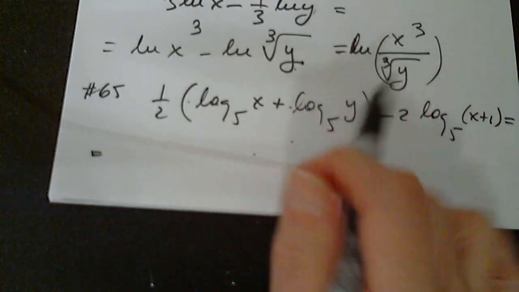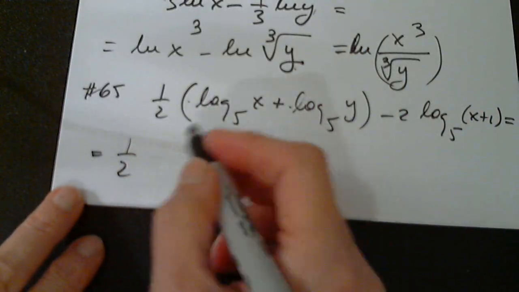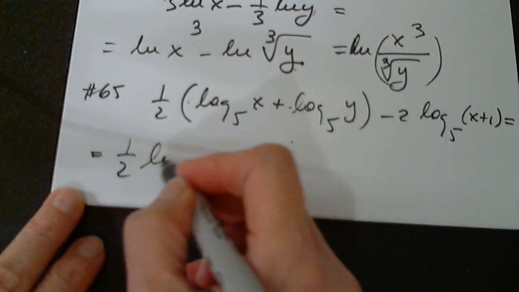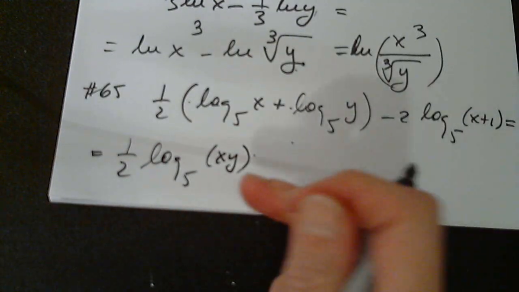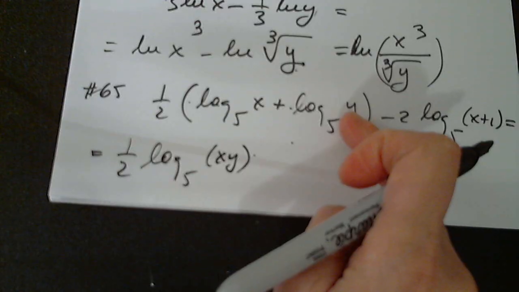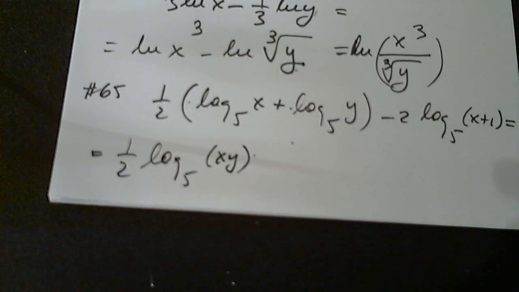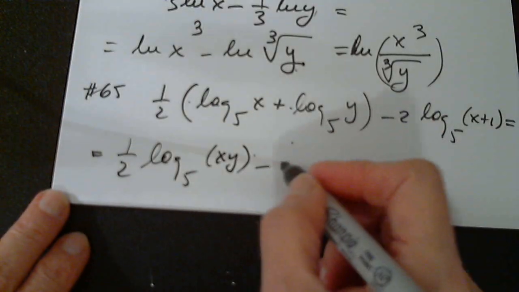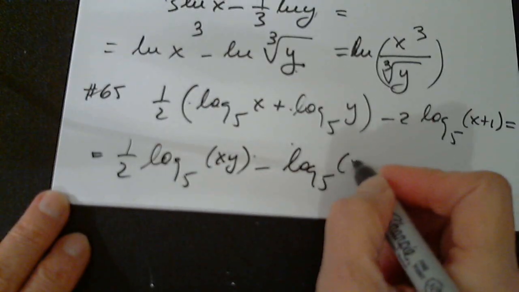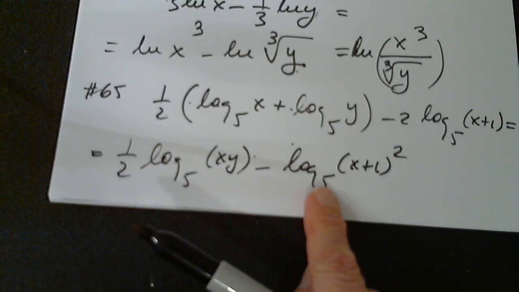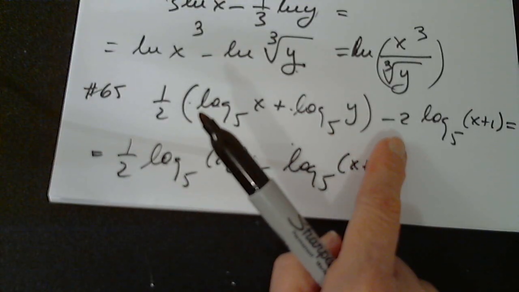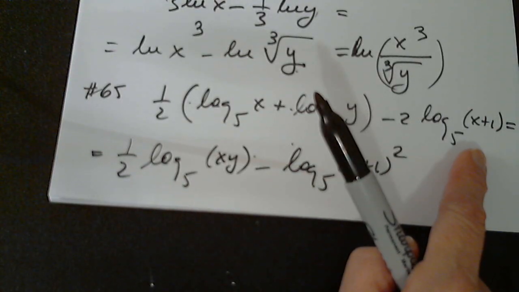I don't have to worry about anything. I have 1/2 outside, but when I condense this, I have log base 5 of xy. Log base 5 of xy is this plus this. Minus, of course, 2 is the power of x plus 1, because from here, I bring down 2 to get this.